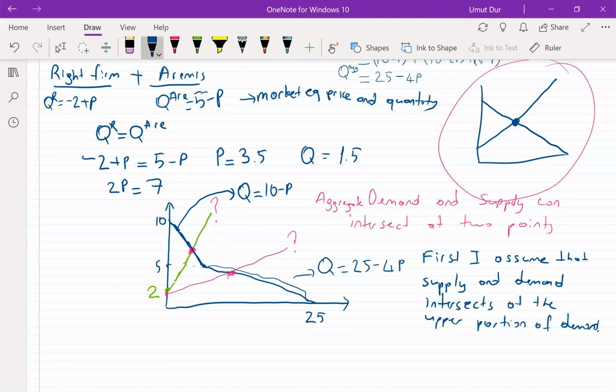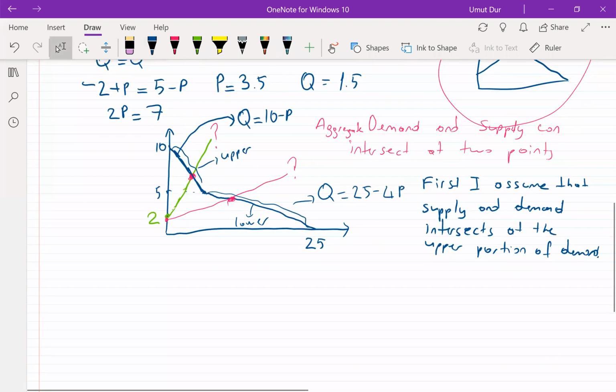By upper portion, I mean this part. This is the upper portion, this is the lower portion. That is my assumption. Once I find the intersection point, I will try to verify it. So let's see what the intersection point will be.